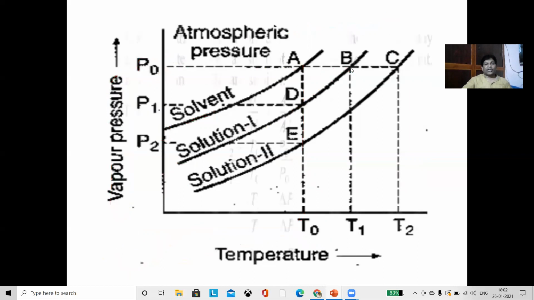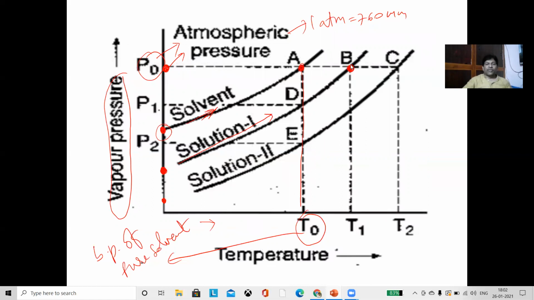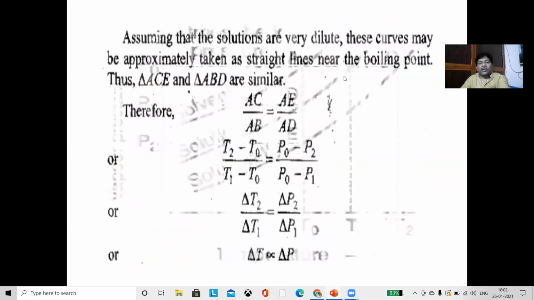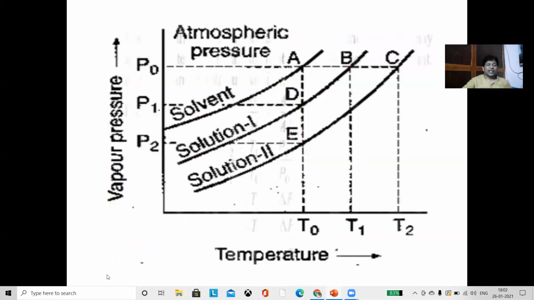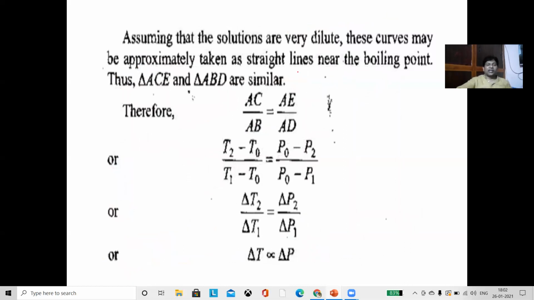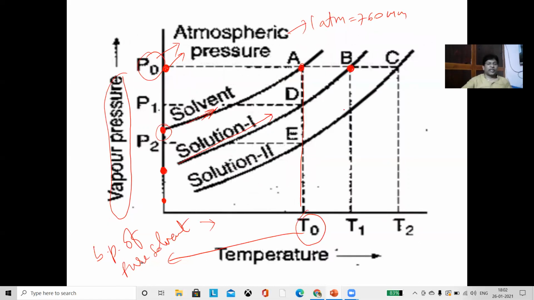That value is called the boiling point of solution 1.